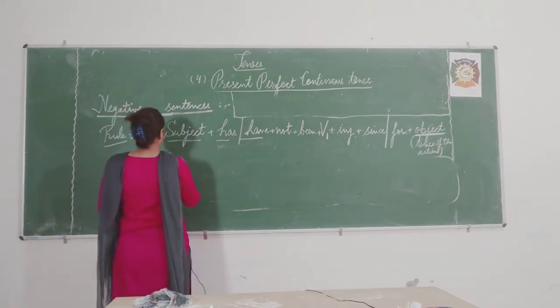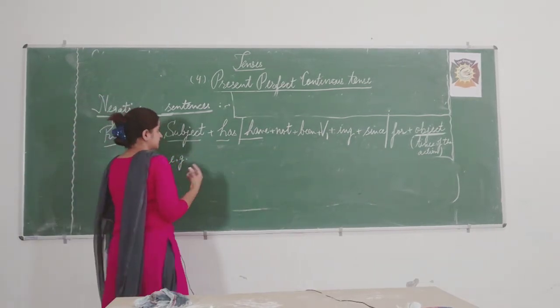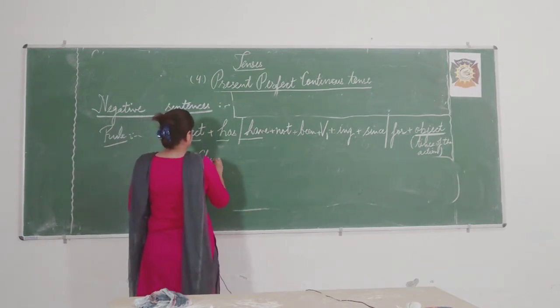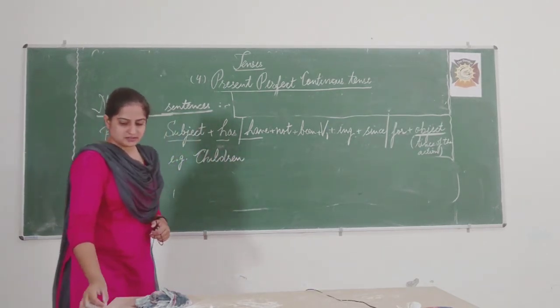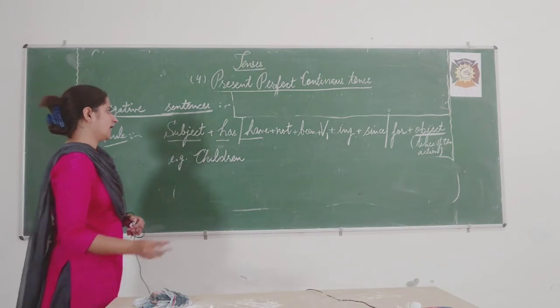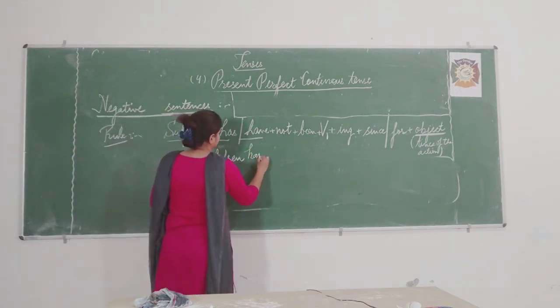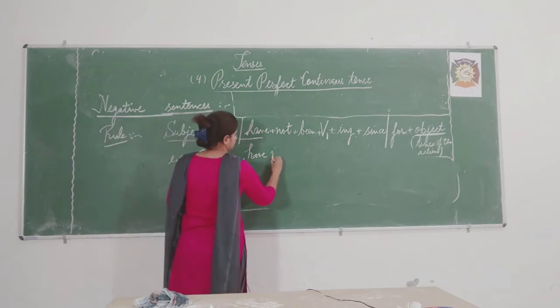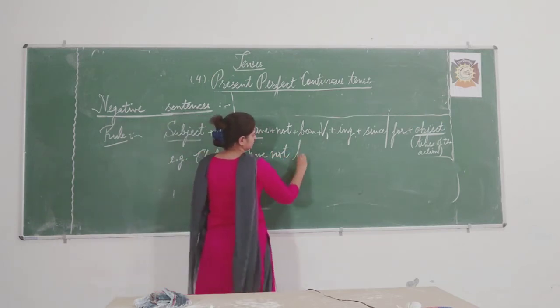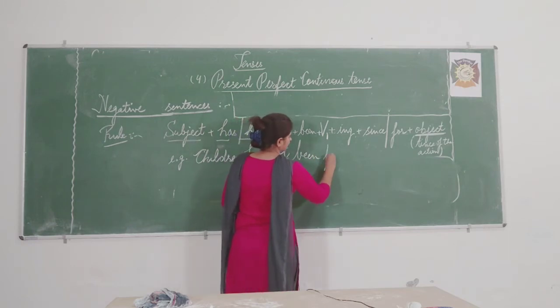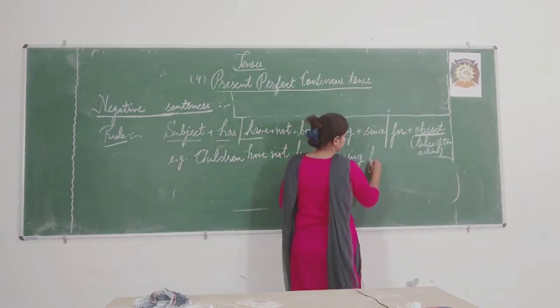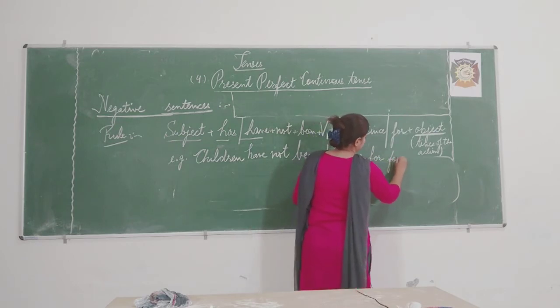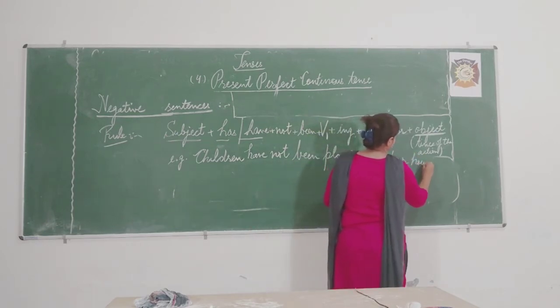So for example, we will be taking up the same example. Children, as the subject is plural, so we would be using have here. Children have not been, verb's first form play, use ing, playing, since or for. I am using for 4 hours.